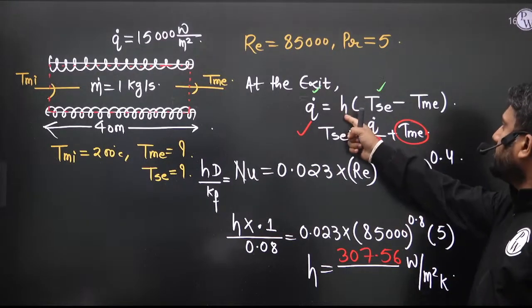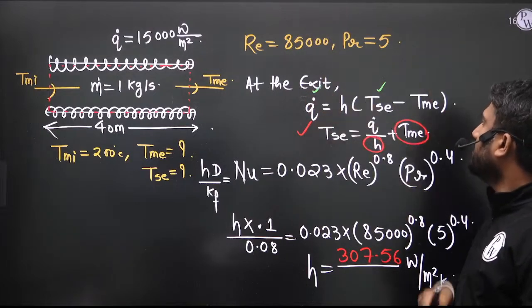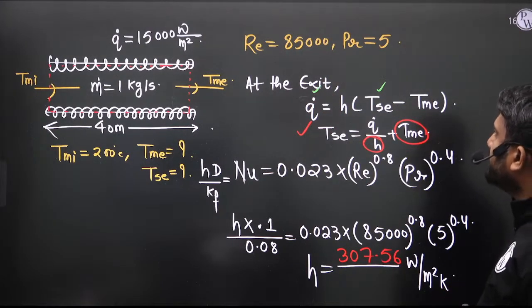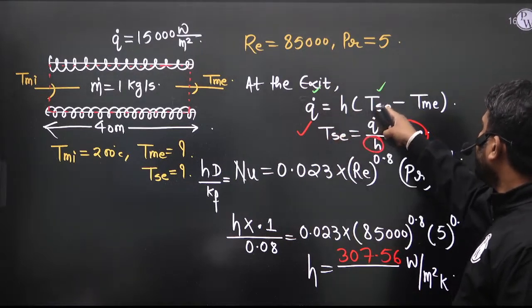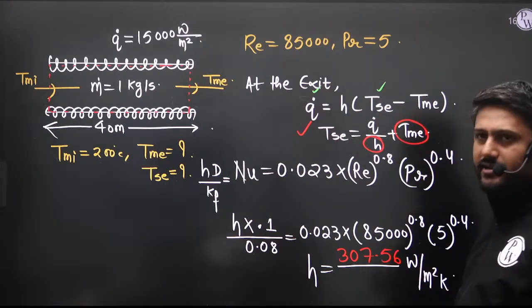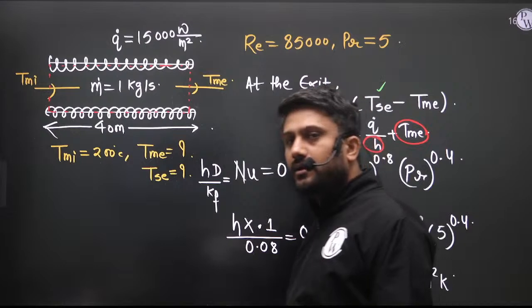We applied Newton's law of cooling at the exit. Similarly, you can apply Newton's law of cooling at the entry. So Q dot is equal to H times TSI minus TMI. This is one way to calculate the TSI.